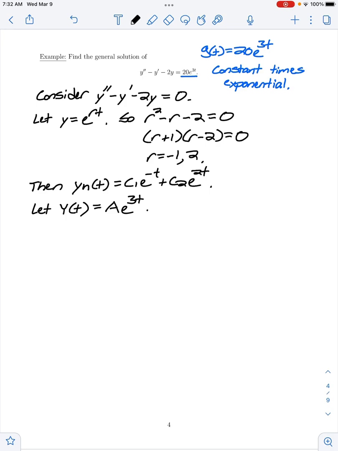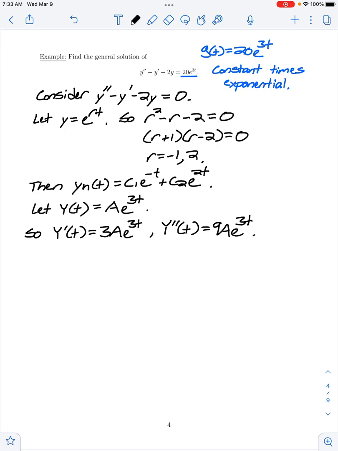So we're going to substitute this function and its derivatives into our non-homogeneous equation. And let's start by finding our derivatives. Y prime would be given by 3a e to the 3t. And our second derivative, y double prime, would be 9a e to the 3t.